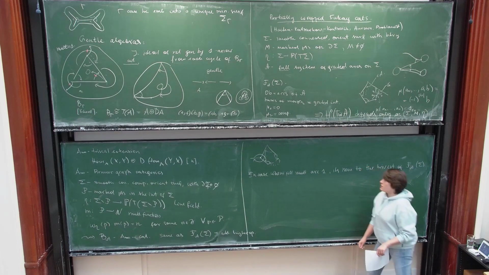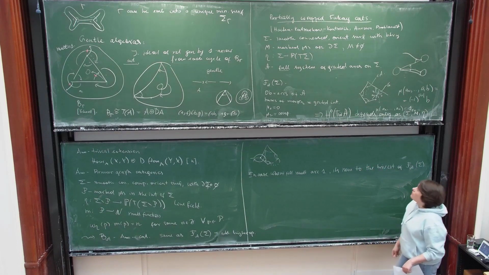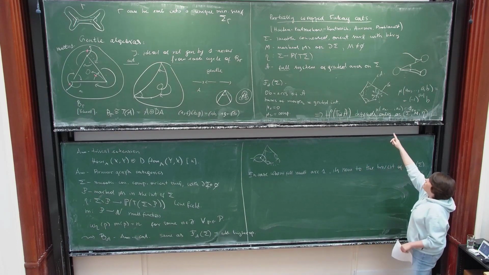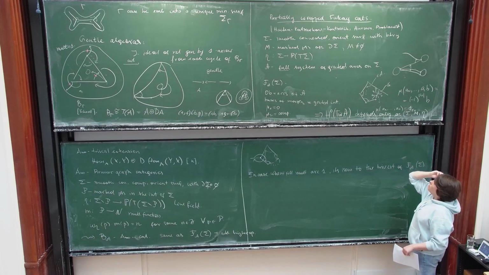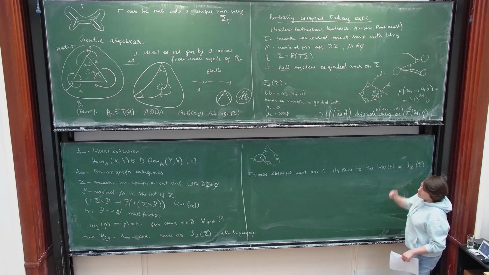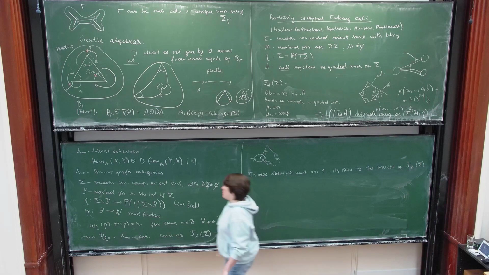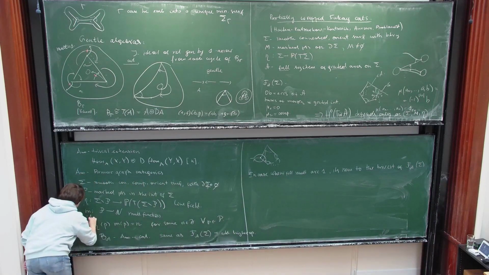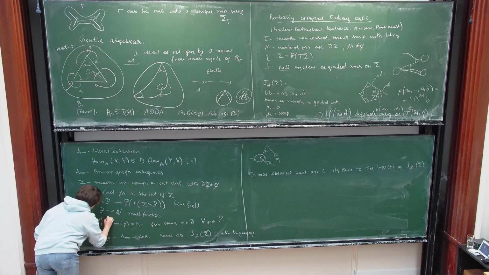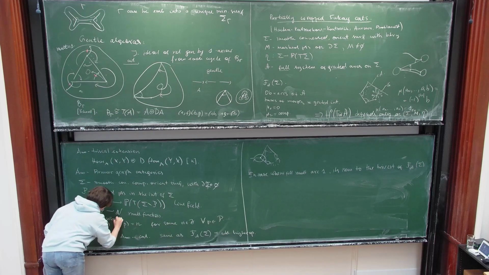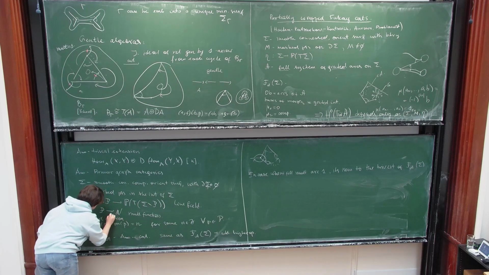But so what's the point in all of that? The point is that this argument here still holds. So here there was also the arc collection, which is full.